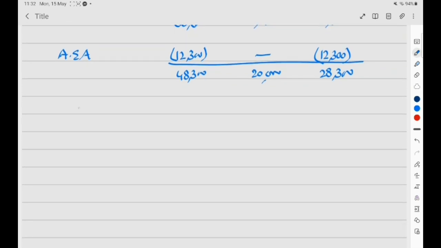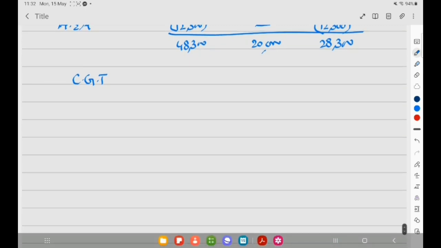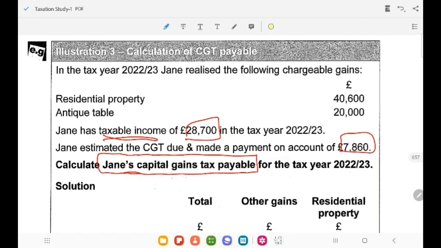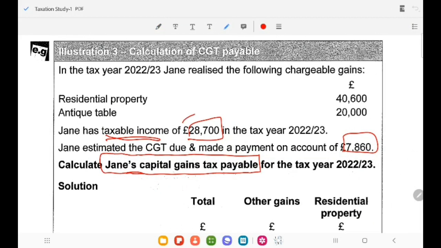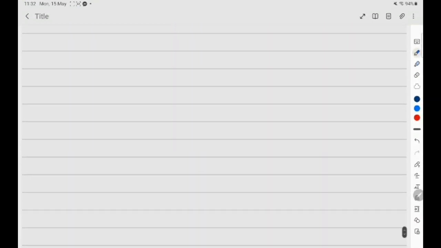Then we have to calculate the tax liability, CGT liability. Remember that we have deducted the annual exempt amount from residential property gain. But while calculating CGT, we have to consider what is the unused basic rate band. So as the income of that person is given to you 28,700, and we know that the basic rate band is 37,700.